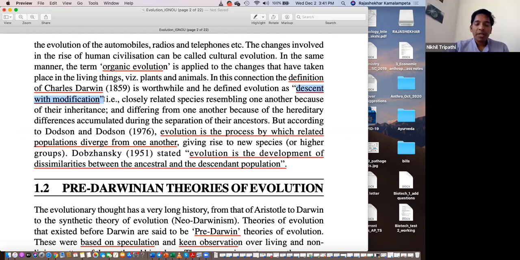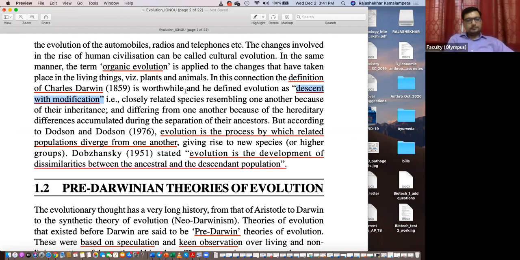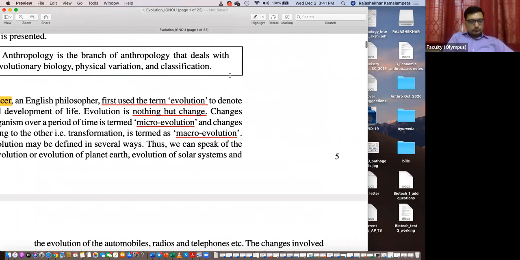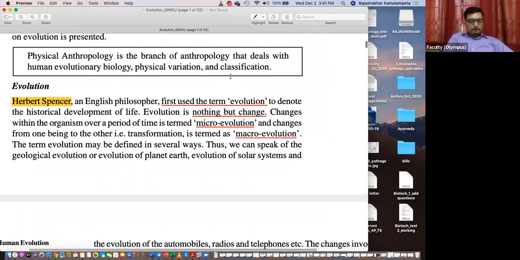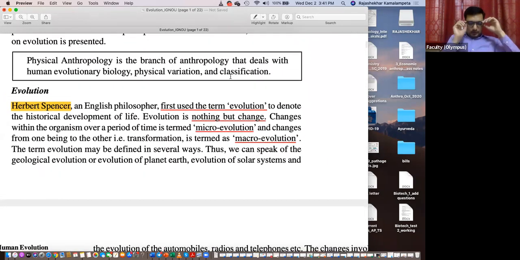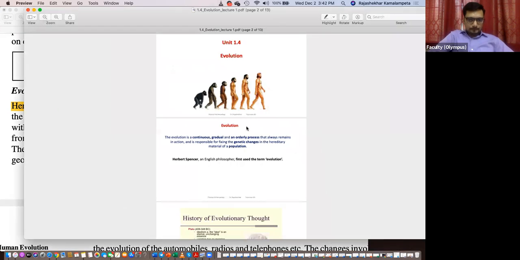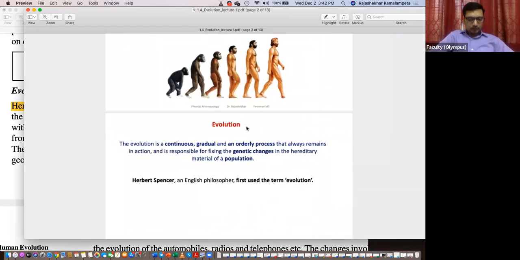So what was the period of Herbert Spencer? He is also a 19th century man. Let me see if I have put it into my handout. No, I have not made a note of the exact time period.